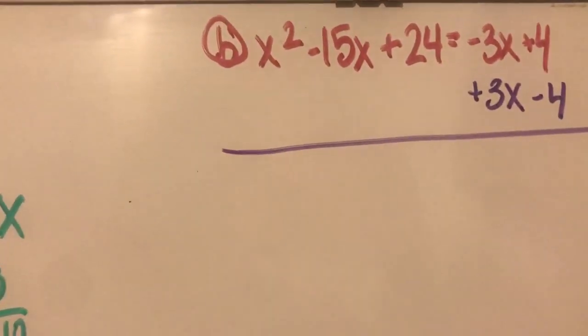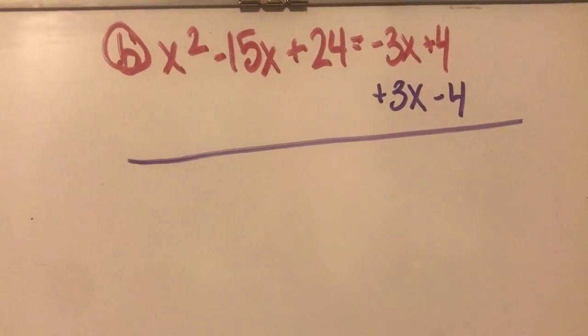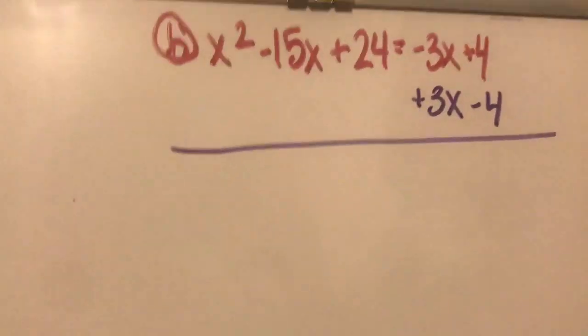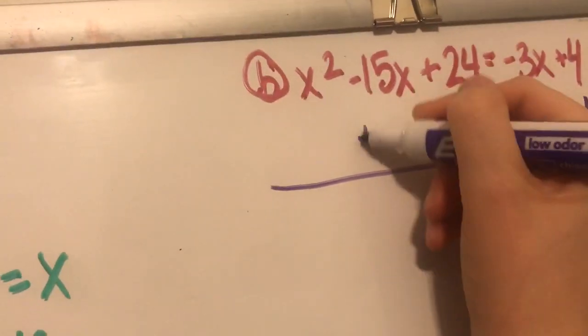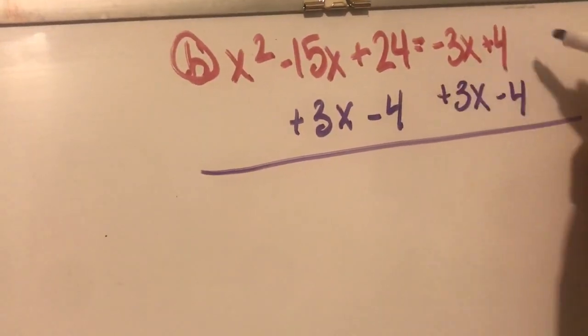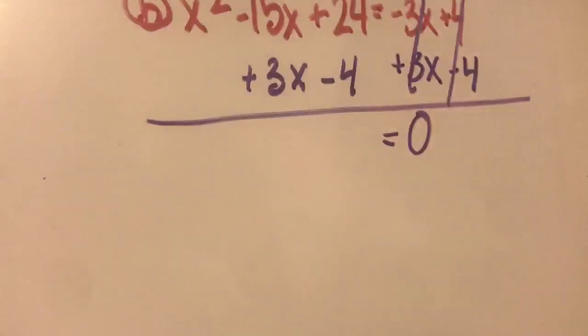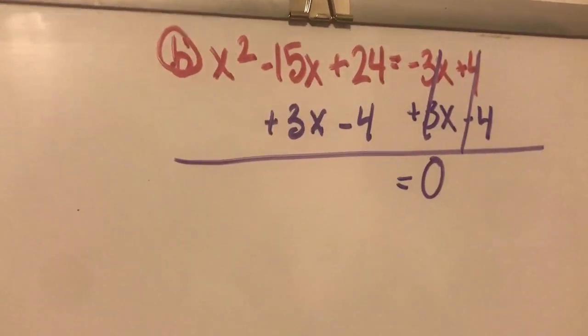If you're feeling comfortable, you can do it all in one step. If not, start by adding 3x over. Then subtract the 4, whatever makes your life easier. I'm going to combine those like terms. And this whole thing is equal to 0. That's exactly what I want.